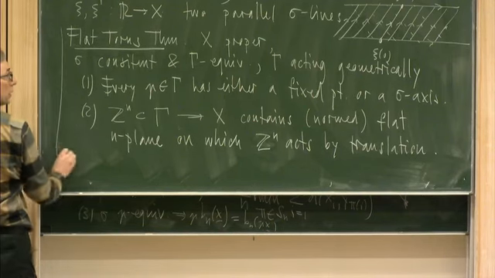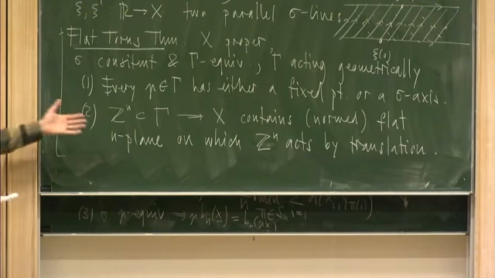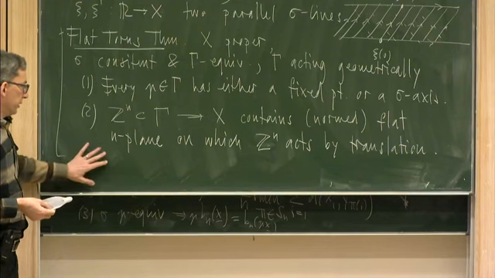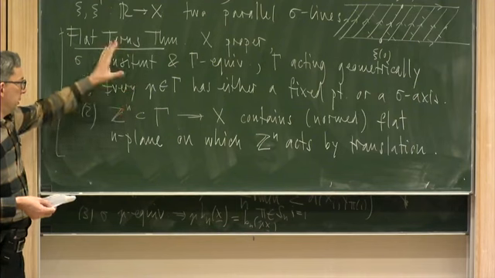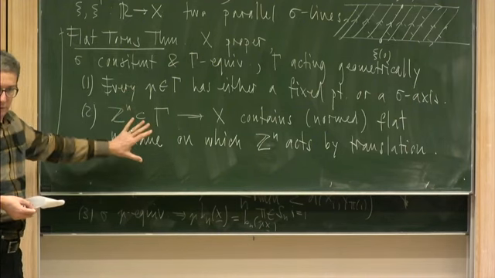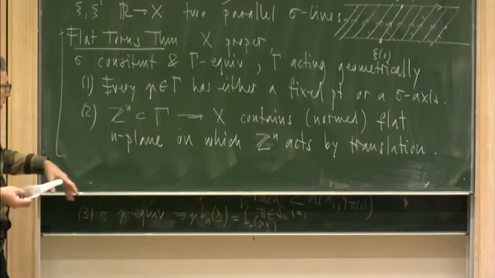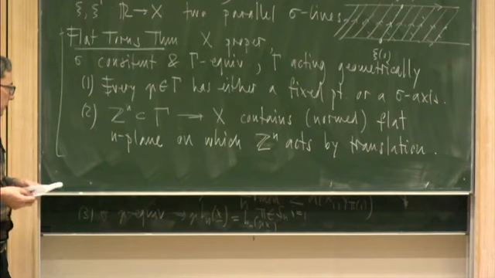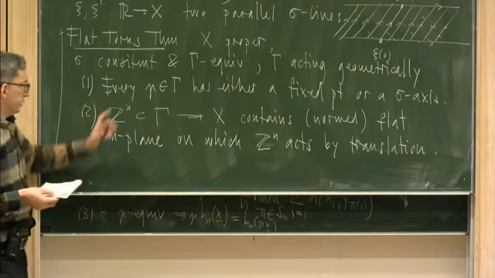So that's the result. Now my time is almost up. Again, I should mention some names here. This flat torus theorem was proven by Bowditch for Busemann spaces in '95. And the proof here is actually much more complicated. The idea is, first you show that the min set of Z to the n is non-empty.